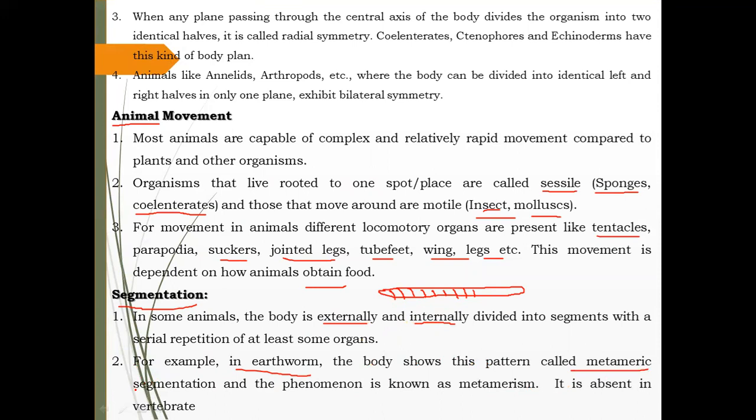segmentation. For example, some animals show just external segmentation. For example, class insecta. You can take the example of a grasshopper. You know the grasshopper body.